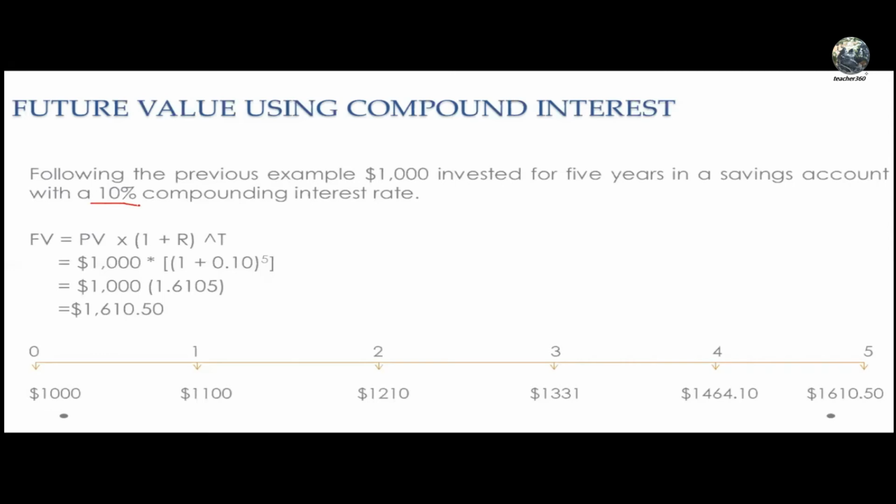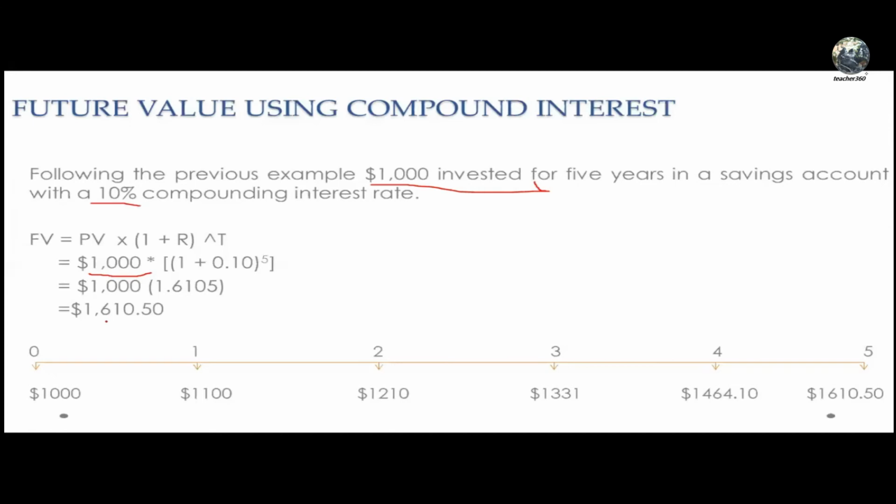So using the compound interest formula, your invested amount $1,000, which is also your present value, times 1 plus your interest rate 10% power number of years 5. Through calculating this, you will get $1,610.50 as future value of $1,000 invested today.